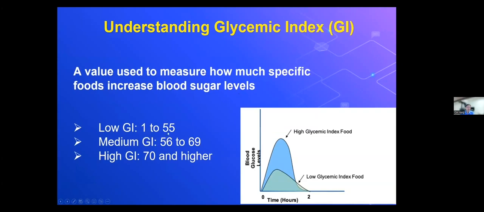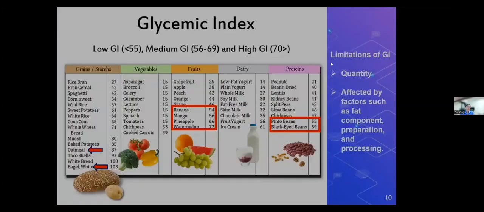If it's below 55, it's considered low GI. If it's below 70, it's considered medium. And if it's higher than 70, it's considered high GI. So you can see in this simple graph, a low glycemic index food does not raise sugars that much, but a high index food increases sugars quite dramatically.